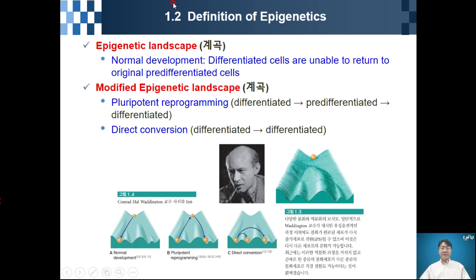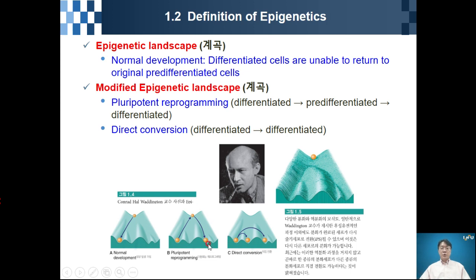But nowadays, this epigenetic landscape concept has changed. So we call it the modified epigenetic landscape. There is pluripotent reprogramming, and there is also direct conversion. During pluripotent reprogramming, a differentiated cell is changed to a pre-differentiated cell. After that, this pre-differentiated cell can be changed to a differentiated cell.